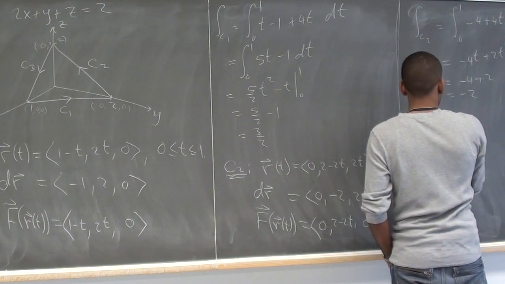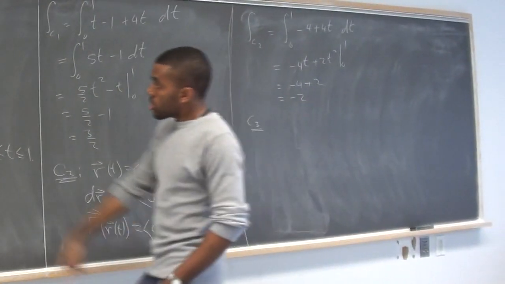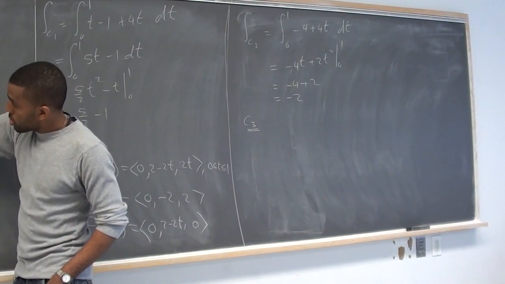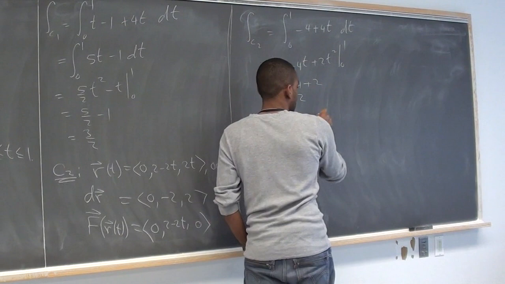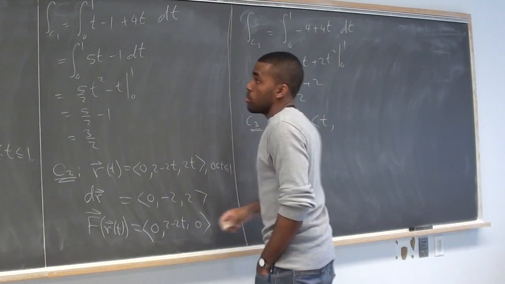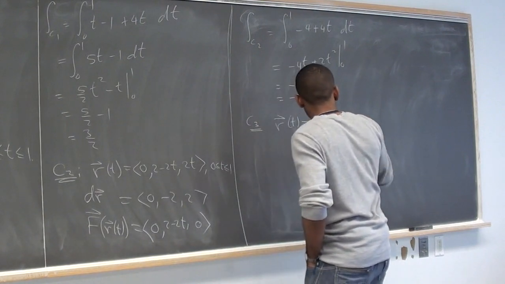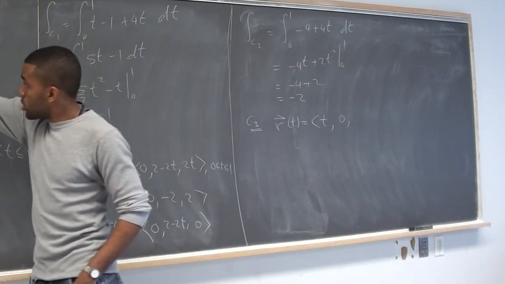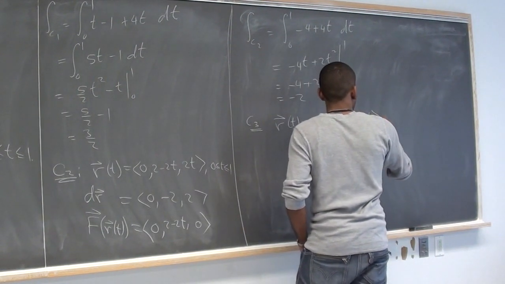And now C3. So in C3, look at my x-coordinates. It goes from 0 to 1, so my r(t) is just t. My y value is constant at 0, so y is just 0. My z value goes from 2 and decreases to 0, so it's 2 minus 2t.